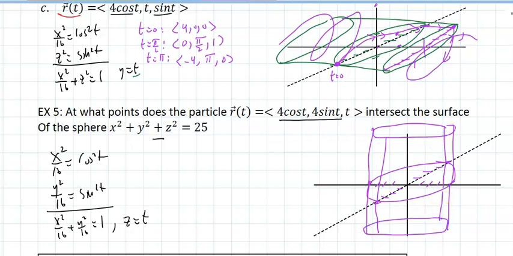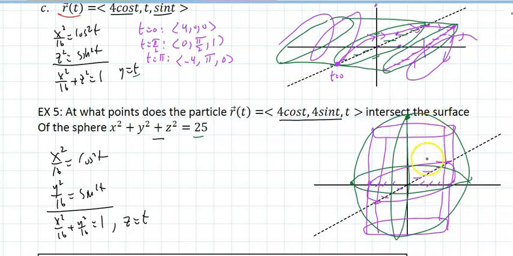And the sphere with 5, the sphere. So you notice on the inside it's not going to touch.